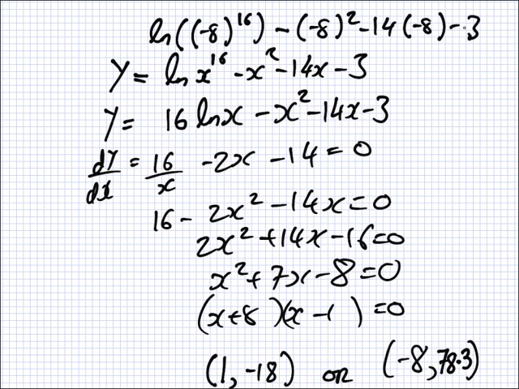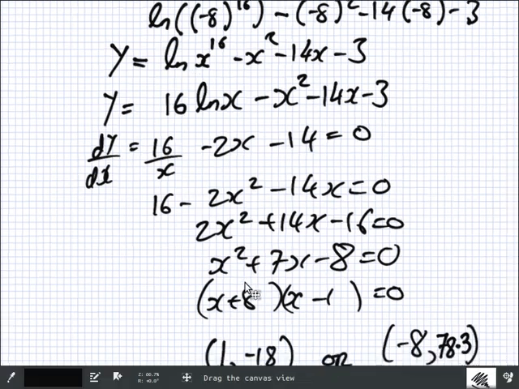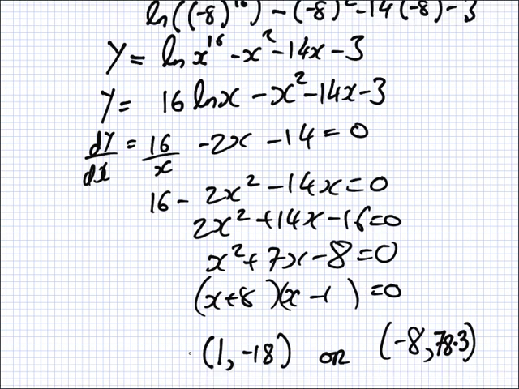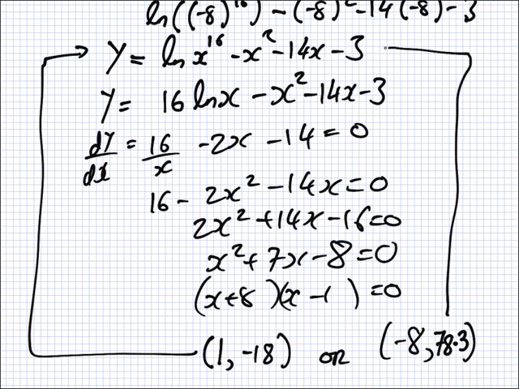More brackets is better than not enough brackets. When you put 1 in, you should get out minus 18. And then if you sub in minus 8, you get out 78.3, roughly, it's a decimal.